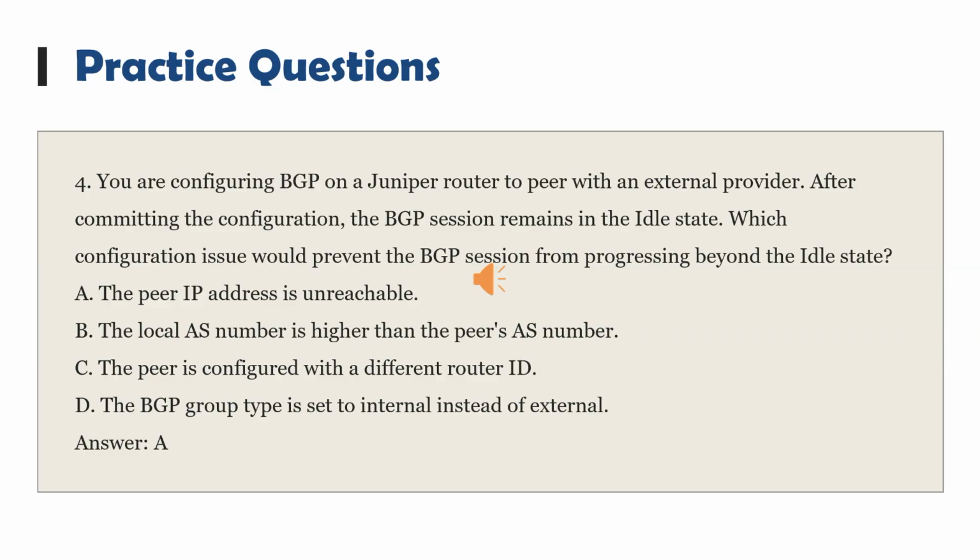A. The peer IP address is unreachable. B. The local AS number is higher than the peer's AS number. C. The peer is configured with a different router ID. D. The BGP group type is set to internal instead of external. Answer: A.